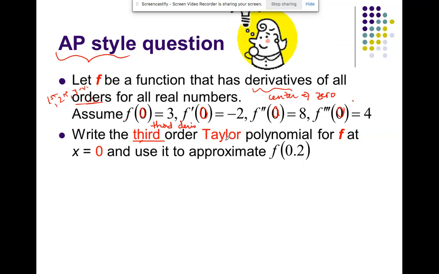I got the third derivative. They said Taylor. If they say Taylor, they have to say the center, even if it's 0, even if I interpreted it was 0 from up here. But they want me to use it to approximate a function I don't know what it looks like at point 2, which is close to the center.